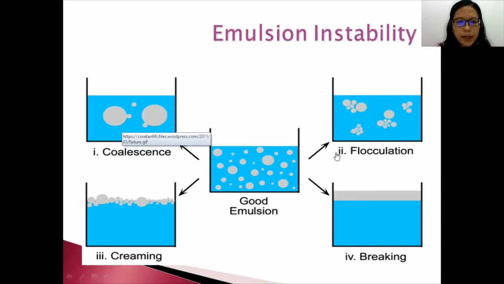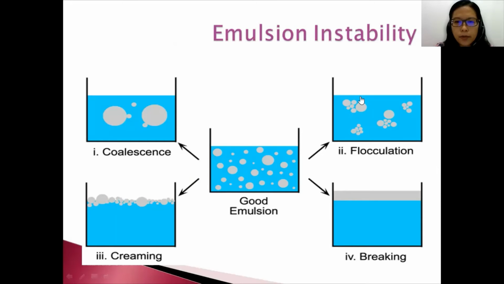Here you can see the phenomena of emulsion instability. A good emulsion should be like this, where one phase is dispersed very well in the continuous phase. But when the emulsion is not stable, the droplets may come together and form flocculation like this.